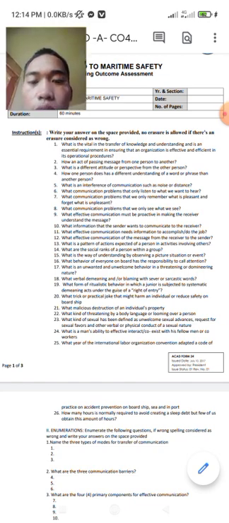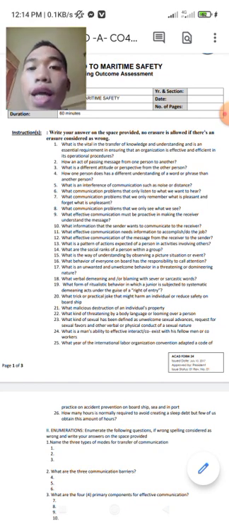So number 20, what trick or practical joke might harm an individual or reduce safety on board ship? That trick was called a prank, or a dangerous prank, because a prank can affect our mind.